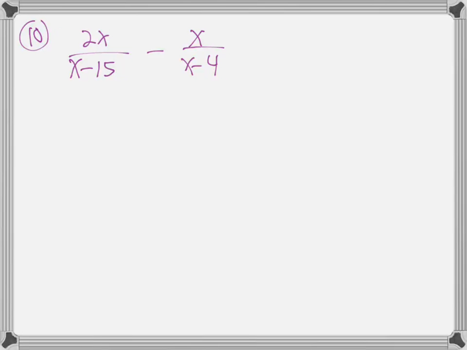Okay, there you go. Same kind of thing. Multiply top and bottom by whatever's missing. And those are packages down there, aren't they? X minus 15, inseparable package. X minus 4, inseparable package. Okay. So basically, you're just going to multiply by the other denominator, right? Top and bottom.